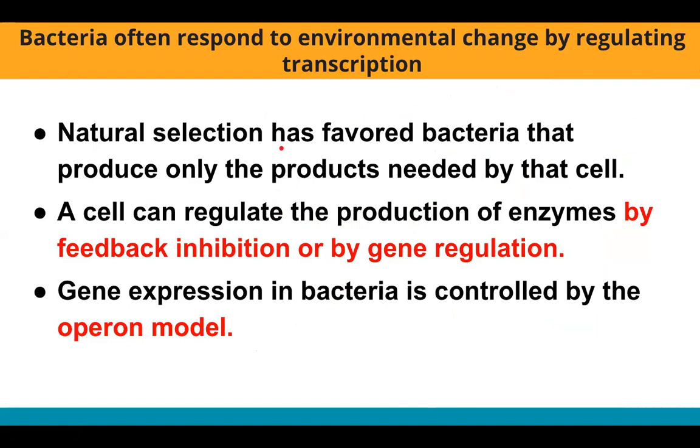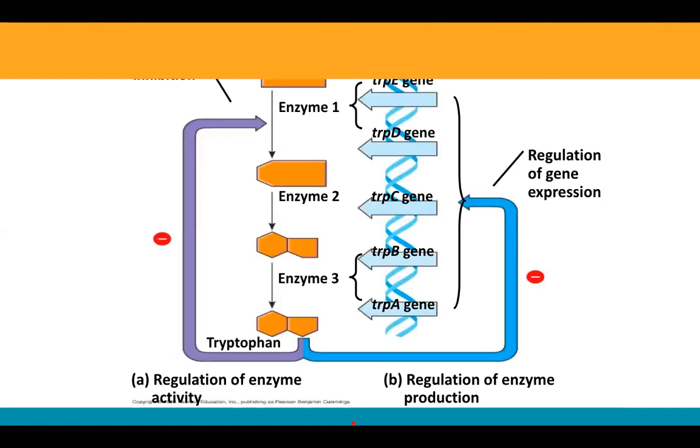Natural selection has favored bacteria that produce only the products needed by that cell. A cell can regulate the production of genes by feedback inhibition or by gene regulation. Now, gene expression in bacteria is controlled by the operon model.